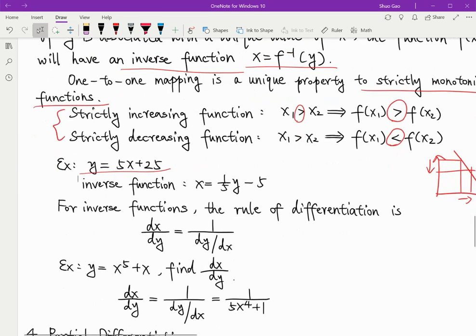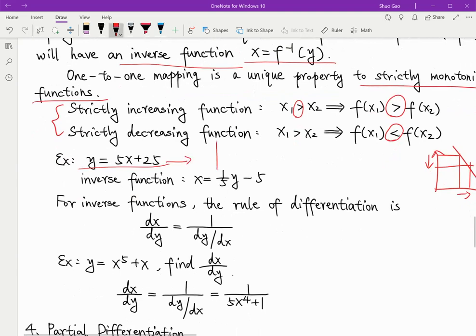If you plot it, it's a straight line and upward sloping. The slope is 5 and the intercept is 25, so this is a strictly monotonic function, and it has an inverse function.